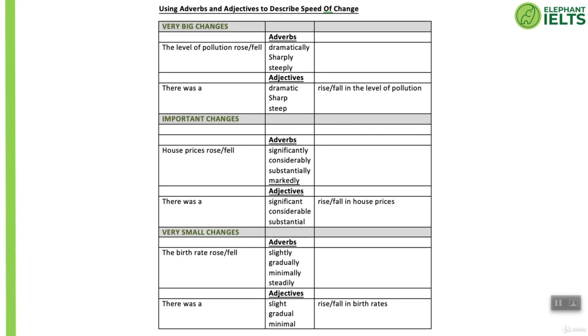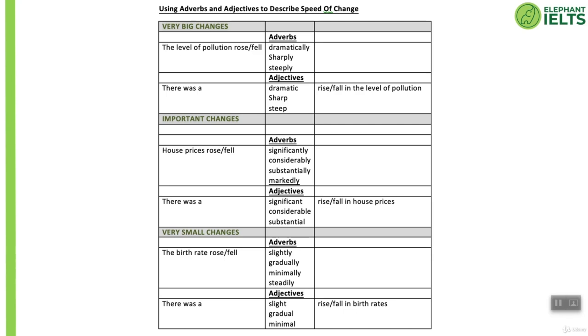pollution. Look at these ones here in the second line. Important changes. Now, I like these words. I call them safe words because if you're not sure if the change is sharp or minimal, you use these ones in the middle, which show that the change is important, not dramatic, not minimal, it's somewhere in the middle.